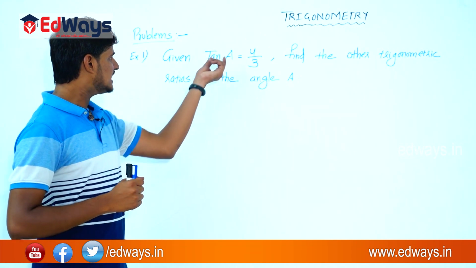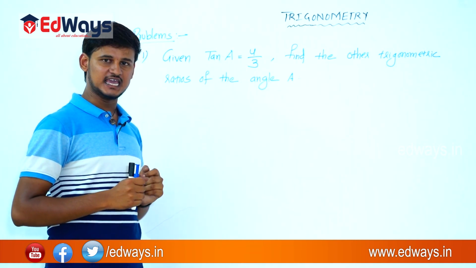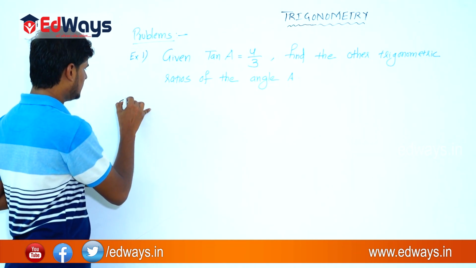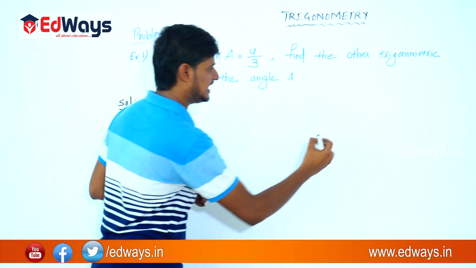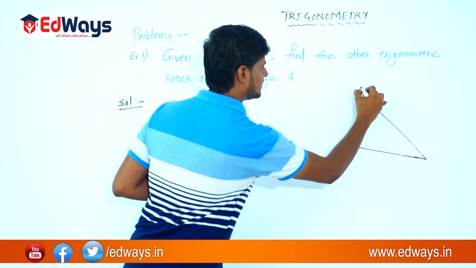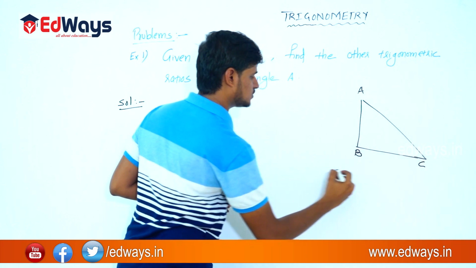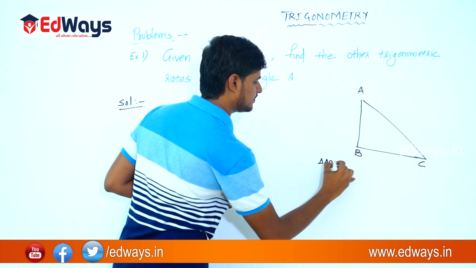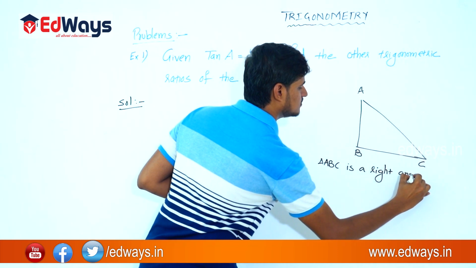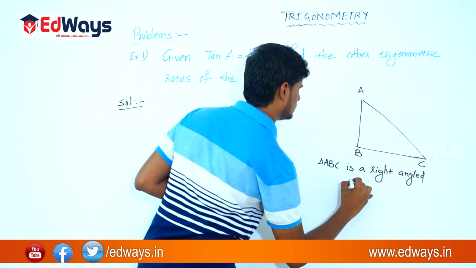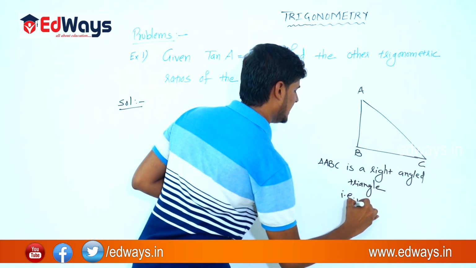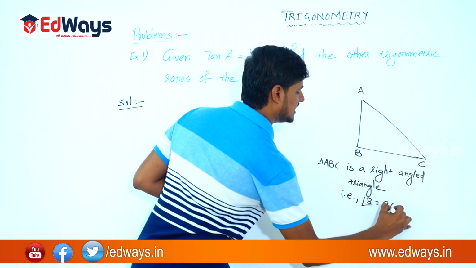So for that they gave the reference angle as A. So first let us draw a right angle triangle ABC. Take a right angle triangle ABC. So triangle ABC is a right angle triangle, so angle B is equal to 90 degrees here.